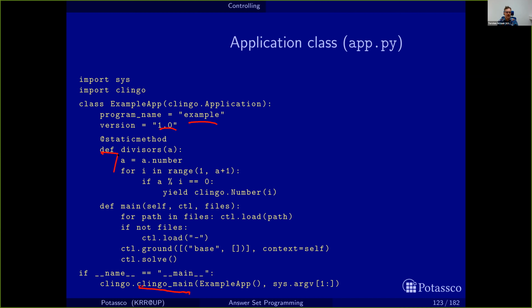Here's the divisor. And now what you do, you override the main function of Clingo. So this is now the main function, but now you say what you want to do. More or less you handle the input, right? You get the path where you are, and you can load the files, or you can read from standard input, and then you ground and you solve.